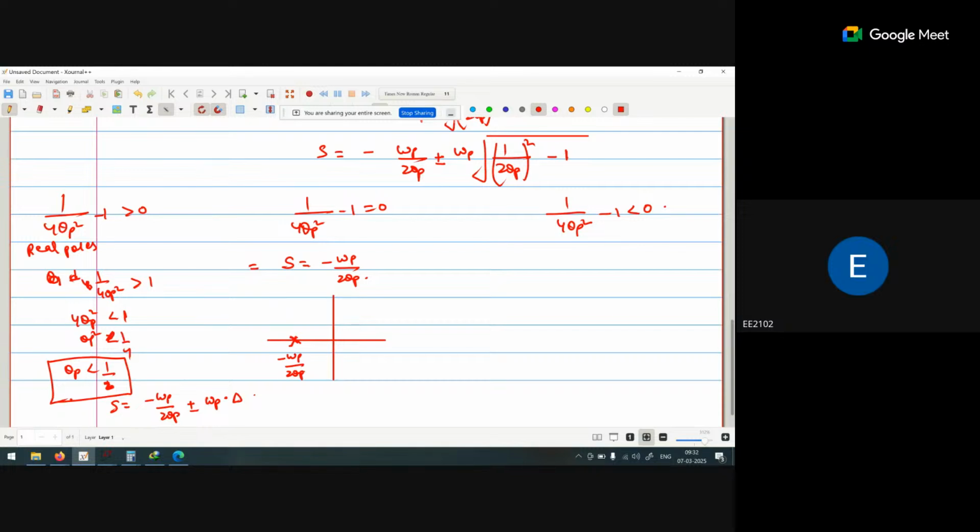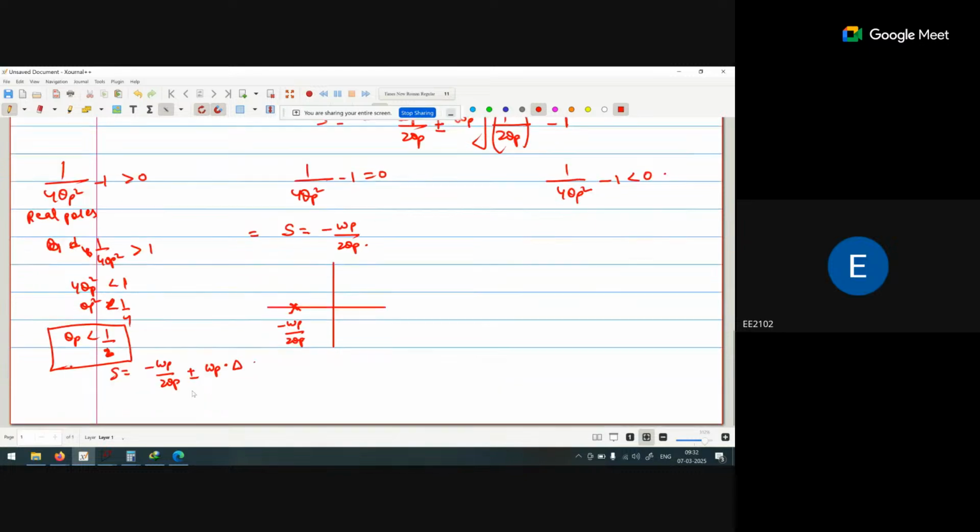So we get two poles. One pole is minus omega p upon 2 qp plus omega p times delta, and the other is minus omega p upon 2 qp minus omega p times delta.